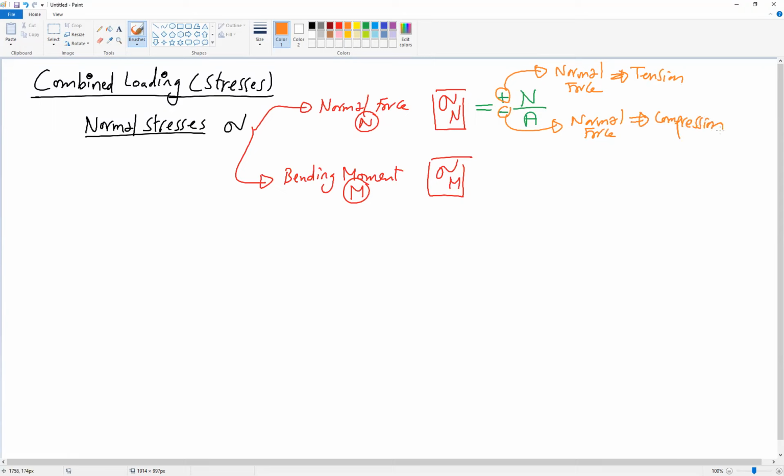Okay, for the moment, the formula for sigma M is equal to M divided by I multiplied by Y. If this is Mx, so this is Ix and this is y.